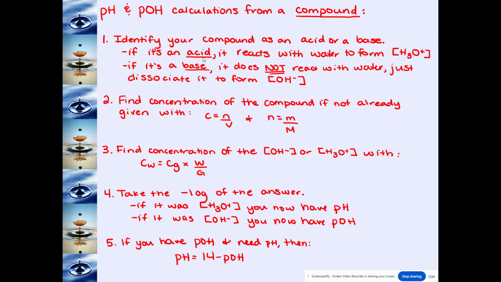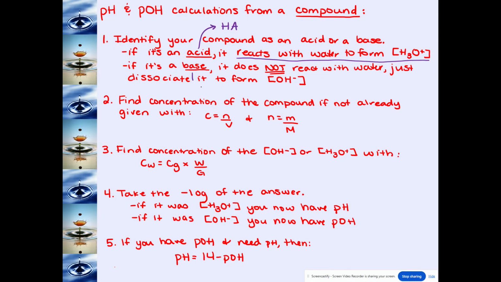If it's an acid, again, it is an acid if it starts with hydrogen and is bonded to an anion. Okay, so something like HCl or HNO3, those are acids. Those react with water and form the hydronium ion.